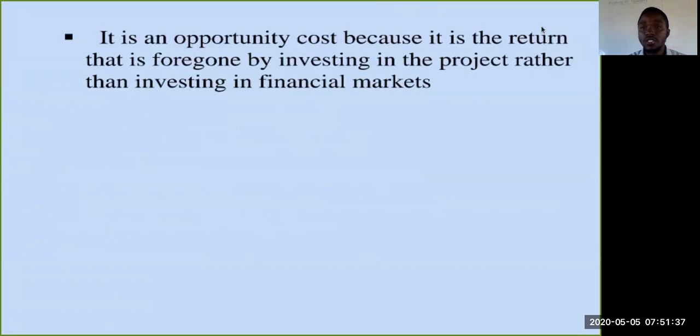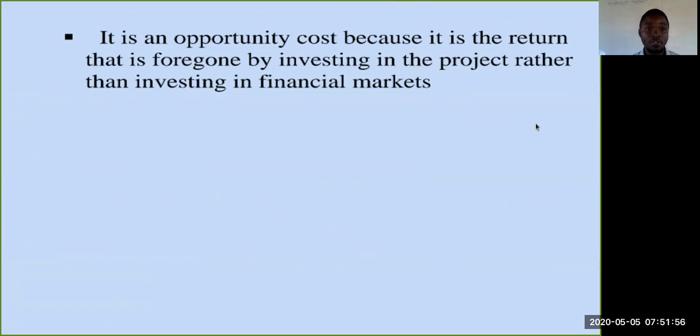It is an opportunity cost because it is the return that is forgone by investing in the project rather than investing in financial markets. So that is the definition of opportunity cost. Something that you are going to forgo in order for you to do something.